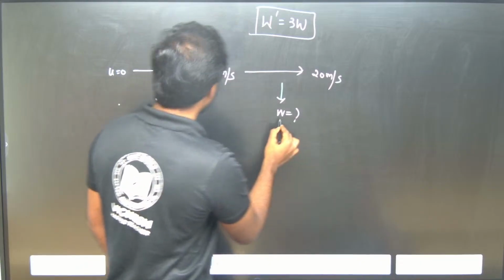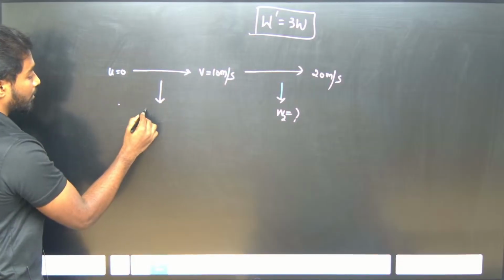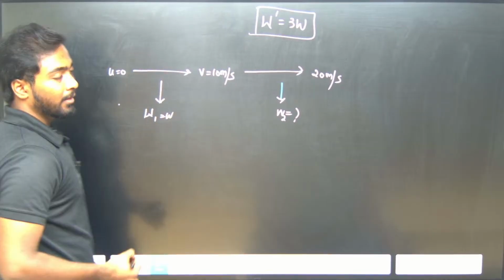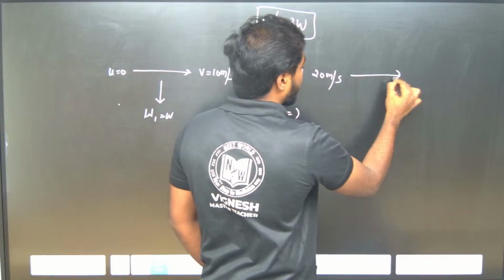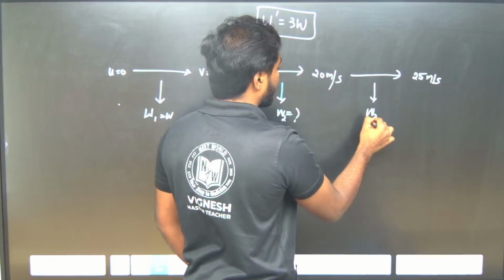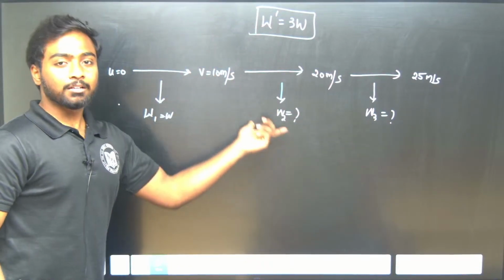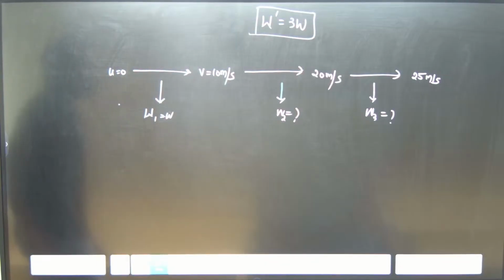This is W2 and this is W1, which equals W. From 20 meter per second to 25 meter per second, what is the energy? This is the question. Write the energy in terms of ratios.